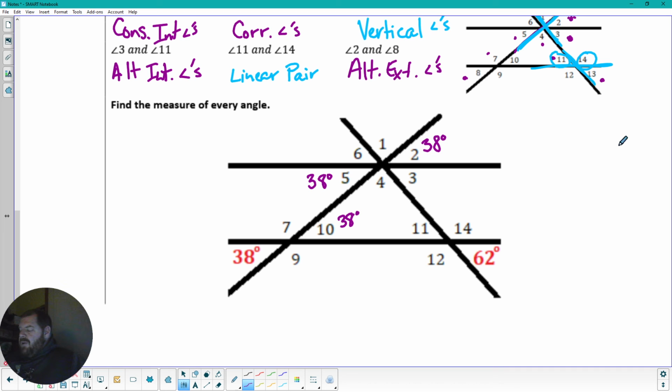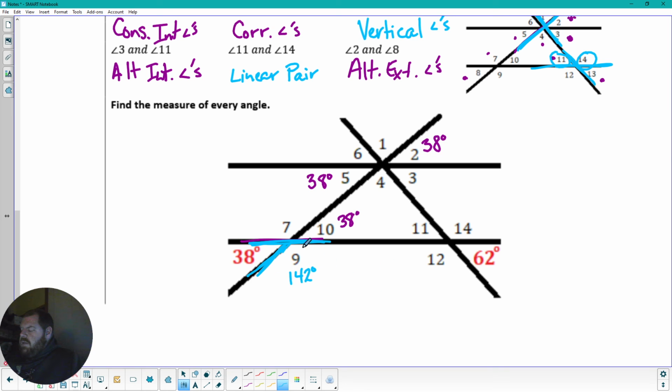Okay. I would probably look from there at, like, that purple thing again. Looking right here, that angle with the 38 in it and angle 9 form a linear pair. So that means angle 9 has to add up with 38 and make 180 degrees. That's going to be 142.